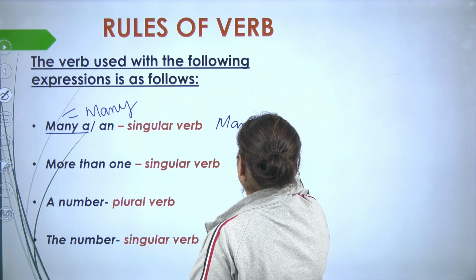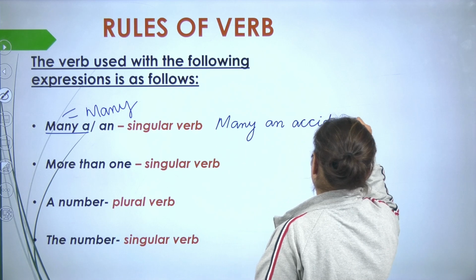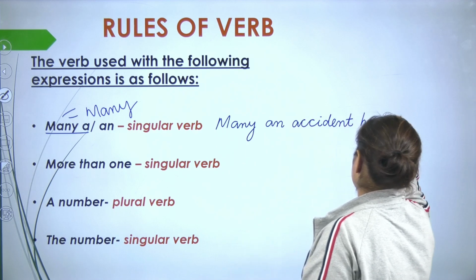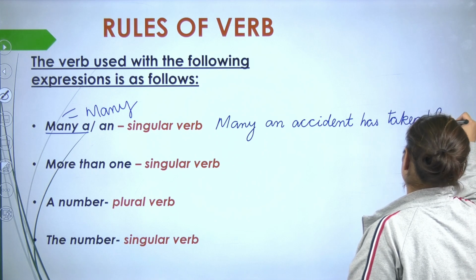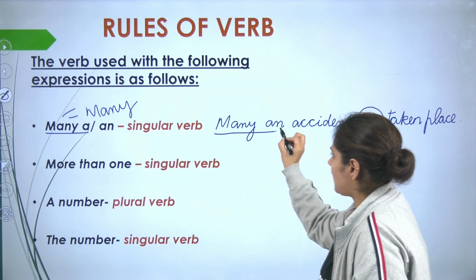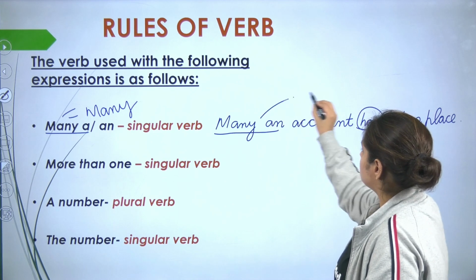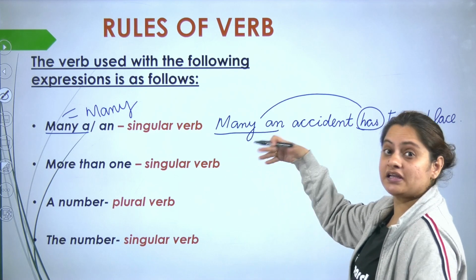Many an accident has taken place. Remember always that when you start your sentence with "many a" or "many an", it is always followed by a singular verb. Meaning is the same. "Many an accident" means many accidents.